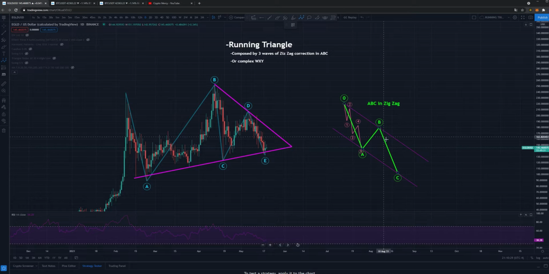On the C wave here, you will have the same. Okay, like this, 5 impulsive waves down. And you have an ABC here to create the B wave.